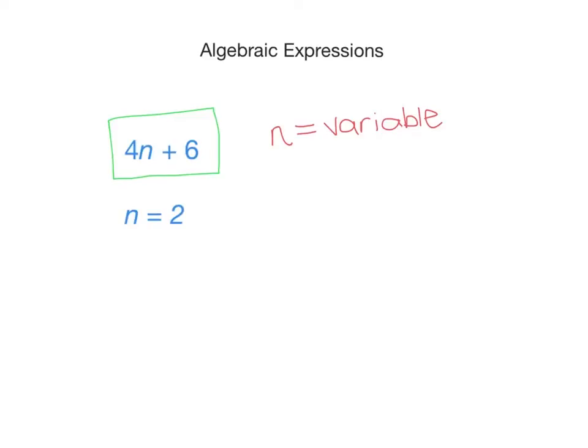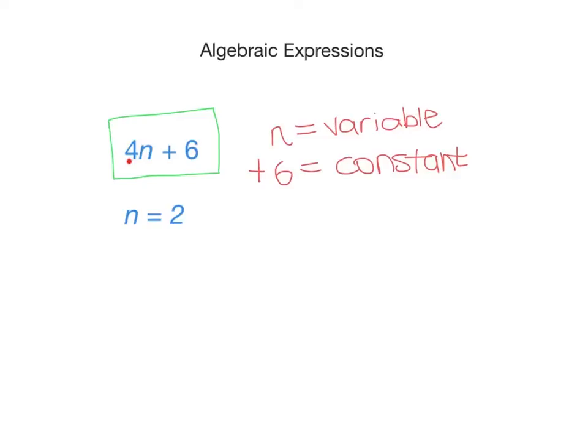Is there a term that we call this 6 and this 4 over here? In fact, there is. The number 6 over here, or the plus 6, is called our constant. What this means is throughout the mathematics that we're doing here, although other variables may change, this number will always stay constant or the same.